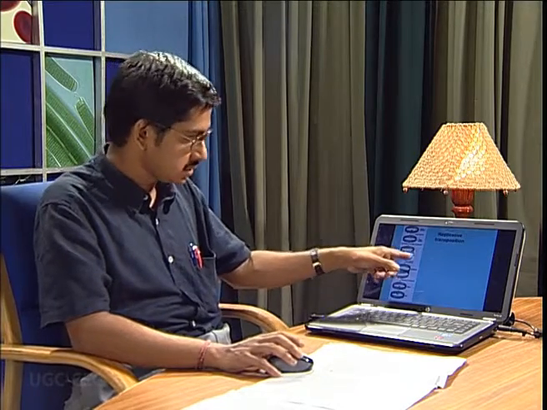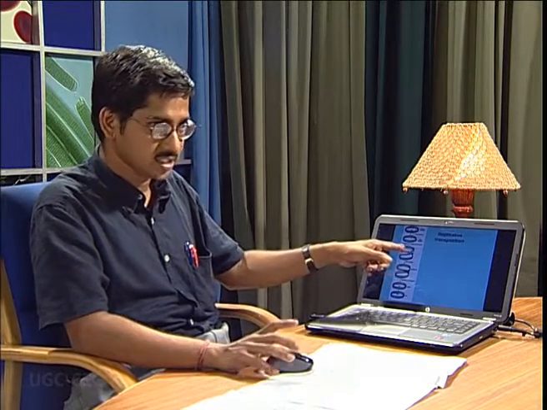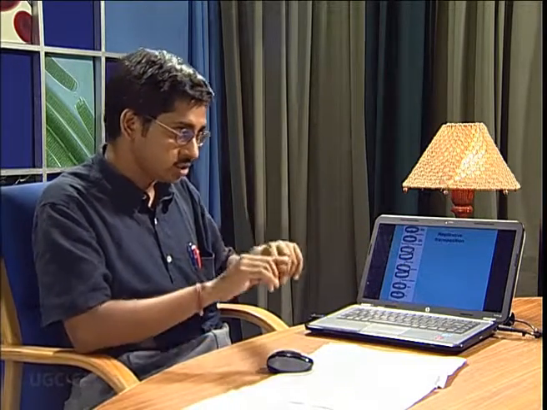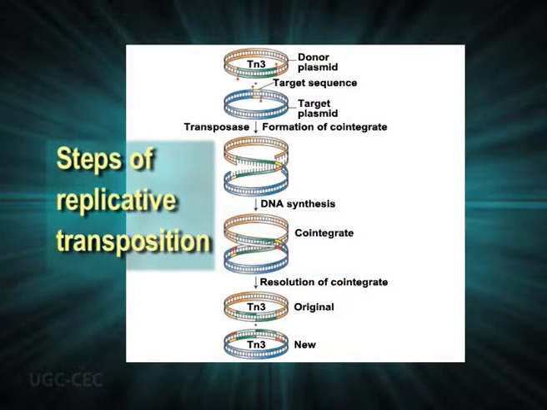These are then taken care of by the replicative machinery, and it replicates them. From cutting till the joining, these are done by the transposase. So it forms a figure-8-like structure which is known as the cointegrate. The cointegrate is one of the most important intermediates in the replicative transposition mechanism.